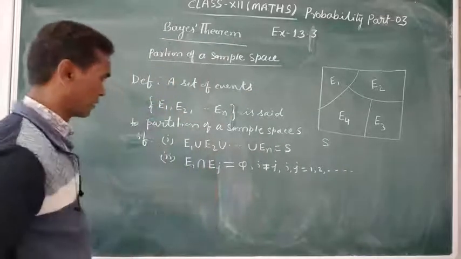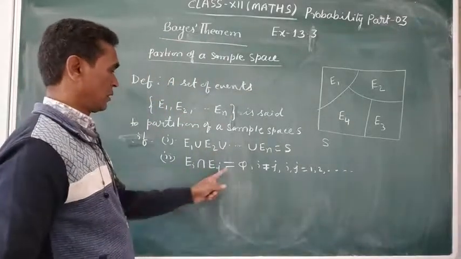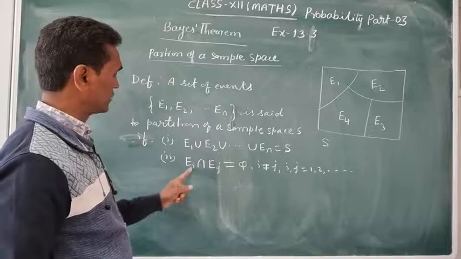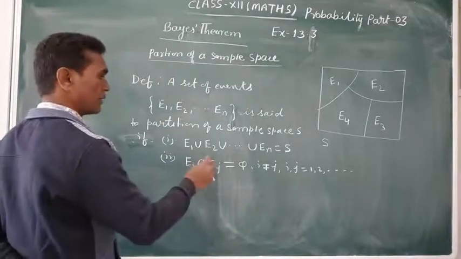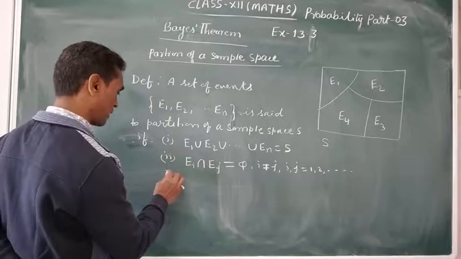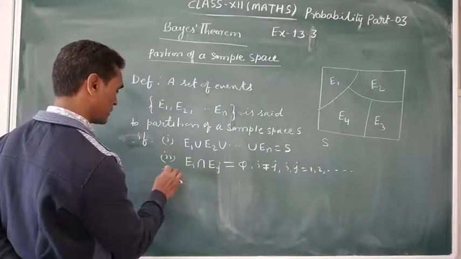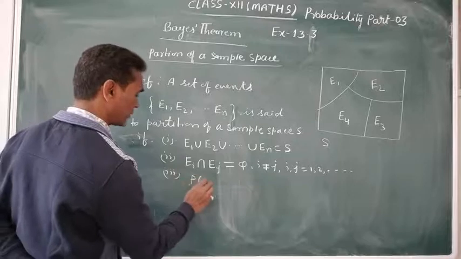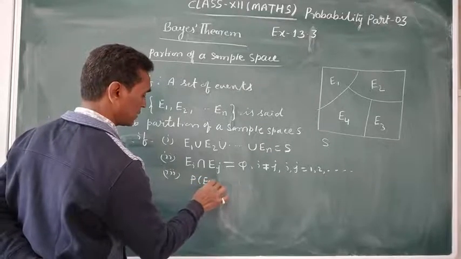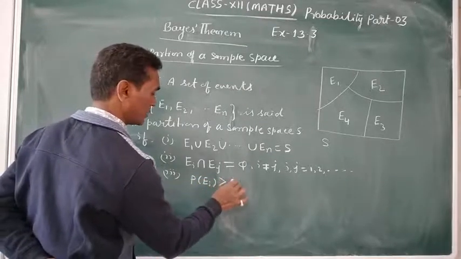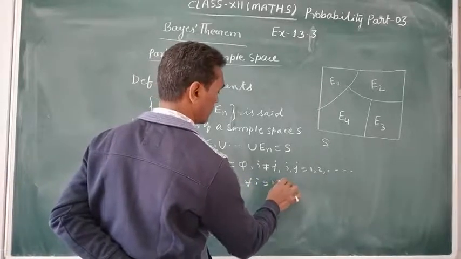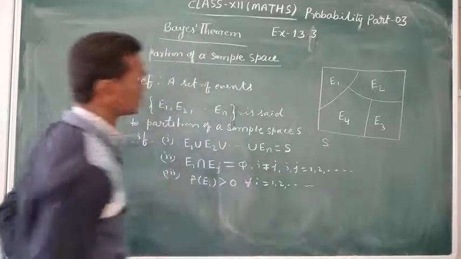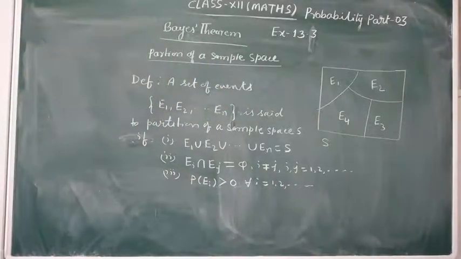E1, E2 are disjoint, E2, E3 are disjoint. Third condition is probability of Ei should be positive for all i equal to 1, 2 and so on. So this is the partition of a sample space.